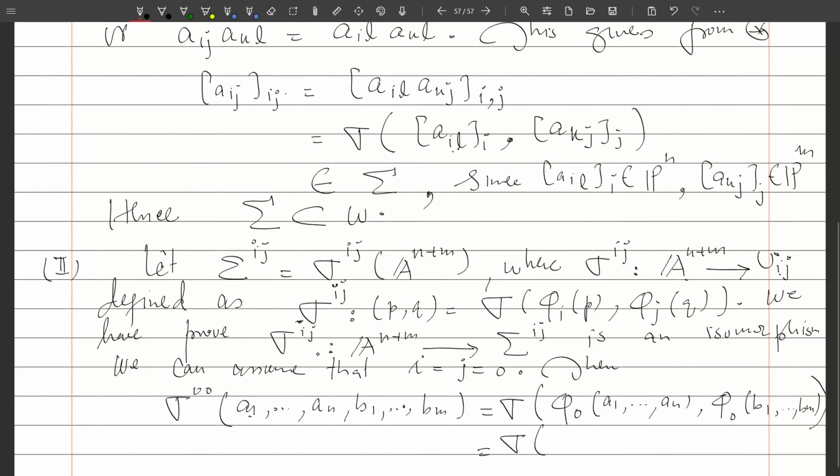This takes this n tuple into Pn with first coordinate 1. So this gives 1, a1 up to an, comma 1, b1 up to bm.